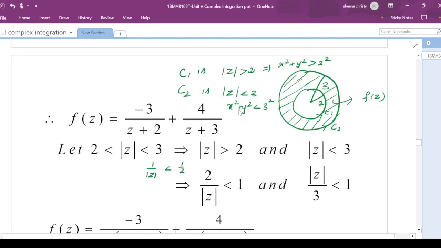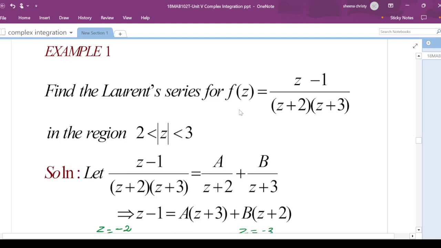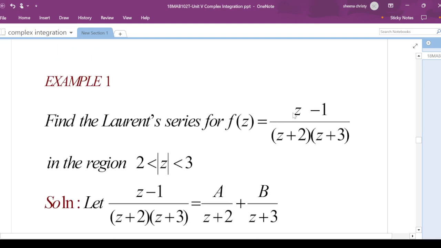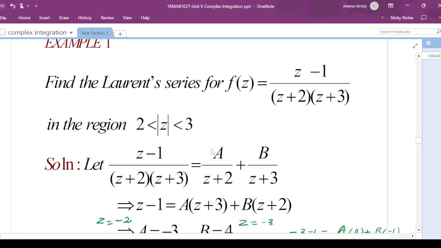So, the thing to be noted is that the degree of the numerator should be less than the degree of the denominator. If not, you have to make it in that form. Then you have to expand it in the given region.